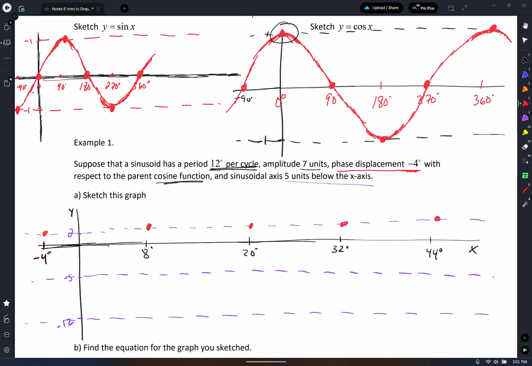Okay, are we still okay, guys? All right, in between your two maxes, you have a min. Does that make sense to you guys? Yeah, because it's symmetrical.